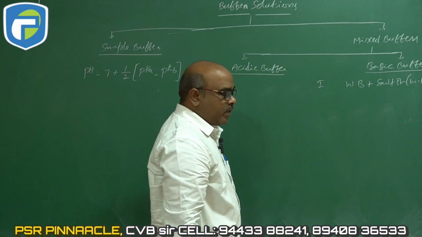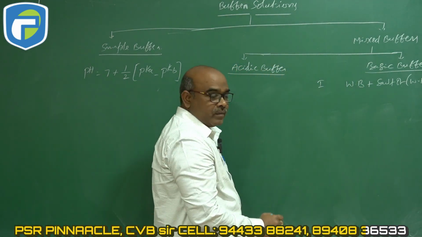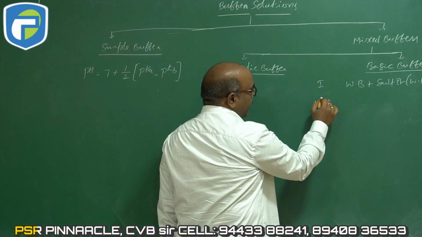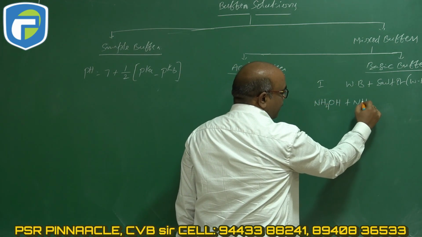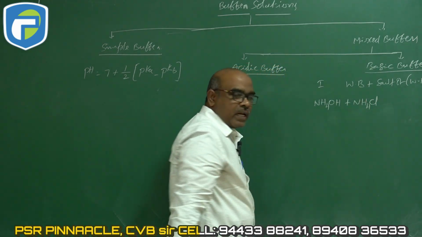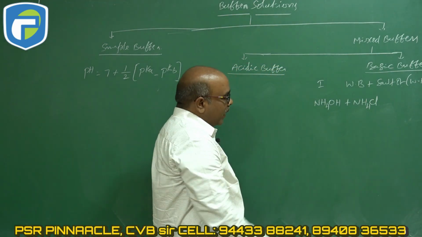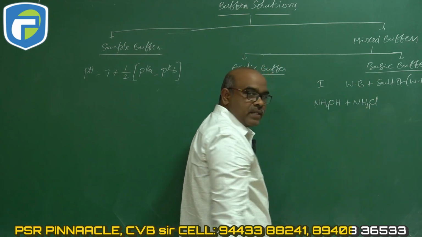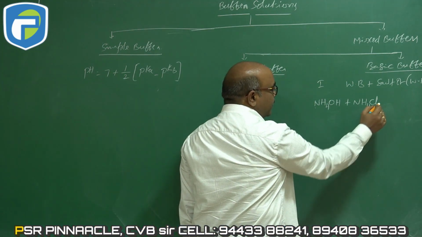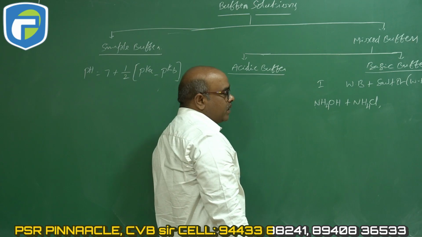This acts as a basic buffer. For example, if you take an NH4OH plus NH4Cl mixture directly, this acts as a basic buffer. NH4OH is a weak base. This weak base reacts with strong acid HCl, and we get NH4Cl. So this acts as a basic buffer.